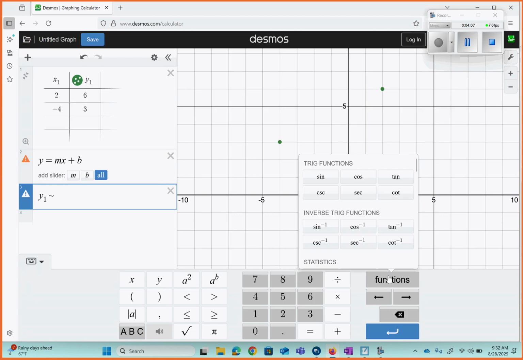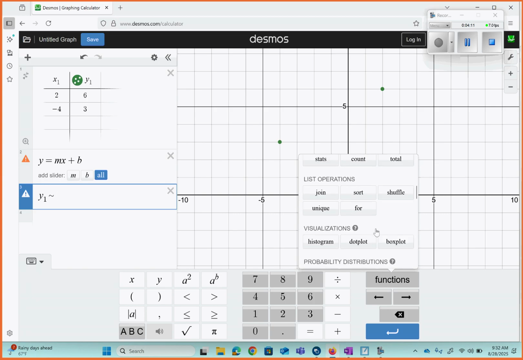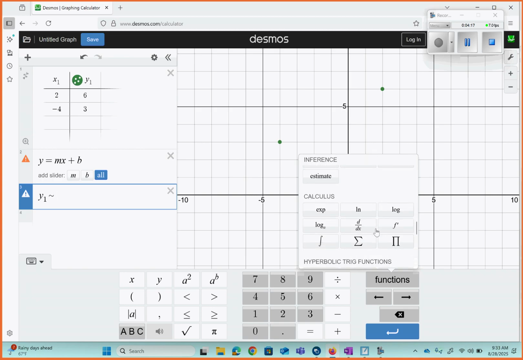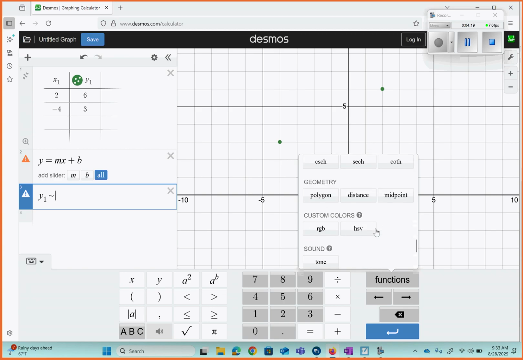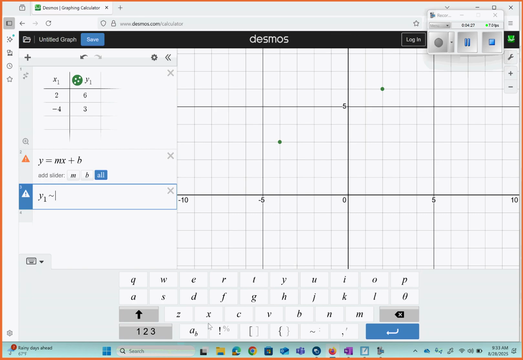And if I look for tilde, if you don't have that, let's see, I wonder if it's under functions at all. Nope, it's not under that. So where you would find it is if you hit ABC, and then it's here at the very bottom where my finger is.